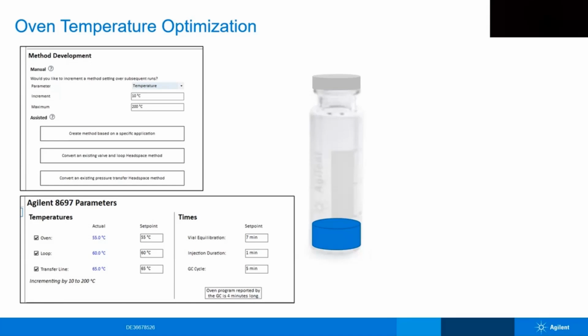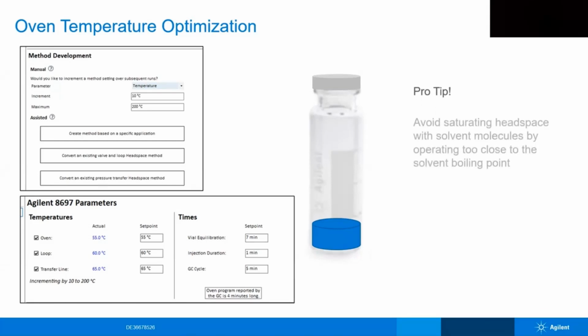And we are going to increment by 10 degrees up to 200 degrees maximum. And so we've set some generous times. So we're doing a 7-minute equilibration. These were generated from previous application notes for the sake of the demonstration. But we can certainly go through and establish those optimal values as well.